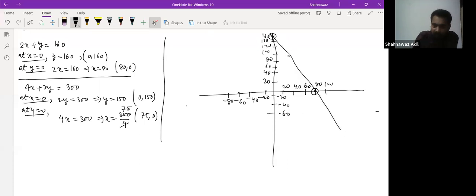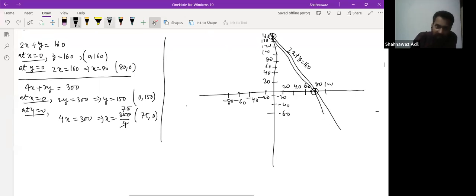And this is what line? 2x plus y is 160. And what is the other line? 4x plus 2y is 300, which has the point 0, 150, in the middle of 140 and 160, and 75 here.